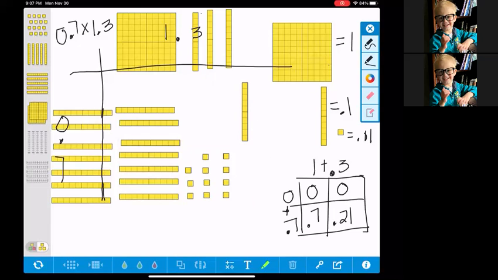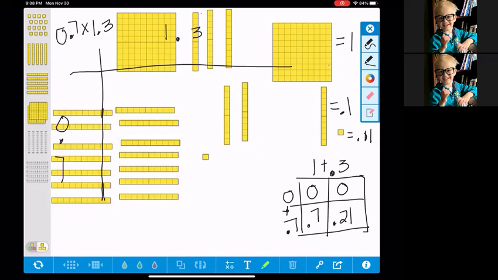One group, and then we have 3, 6, 9, 10, another group of 10s. And now we see we have 1, 2, 3, 4, 5, 6, 7, 8, 9 hundredths. 7/10 plus 21 hundredths is 91 hundredths, 0.91.